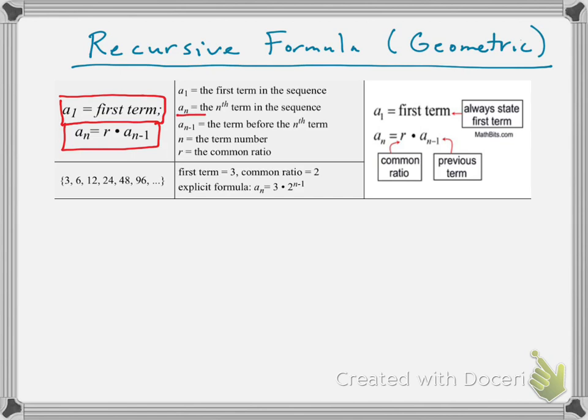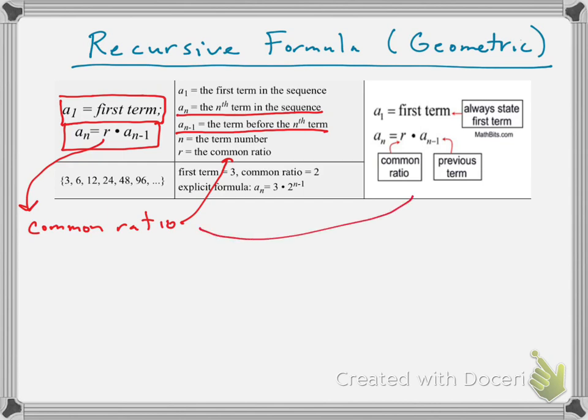Again, a_n is the nth term in the sequence, and a_(n-1) is the term right before that nth term. And I'm multiplying by a common ratio, here's my common ratio, which they also state right here: r is the common ratio, and n is the term number. They break it down really nicely over here too and explain it even further. This right here in purple is called the explicit formula. We're going to cover that in the next slide.